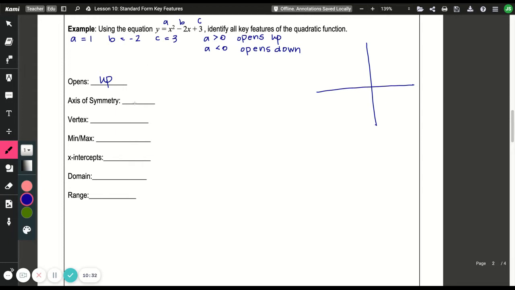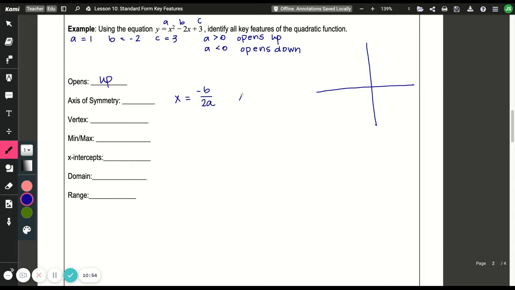Then I need to find my axis of symmetry, that vertical line that goes up and down. So my axis of symmetry is x equals, here's a formula for you, x equals negative b divided by 2a. So again, you need this written down somewhere that you can refer back to it, because we're going to use that equation.